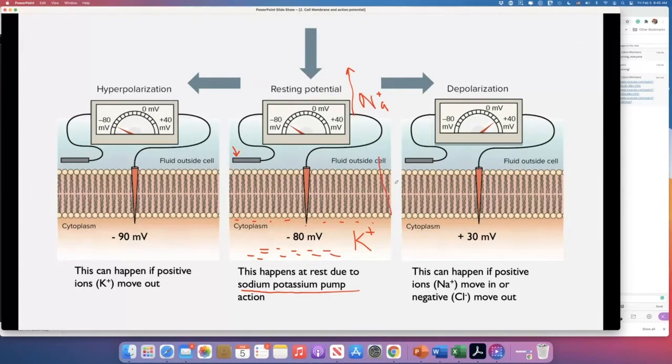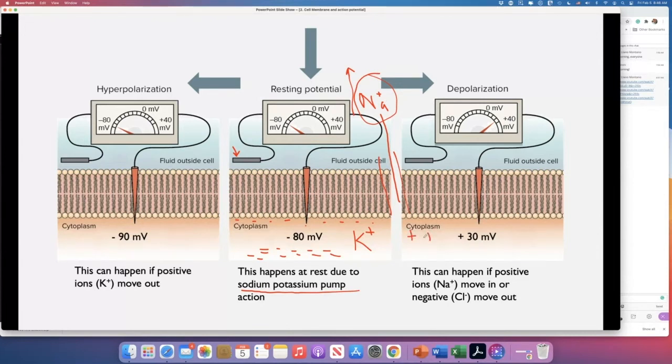If you open a sodium channel, sodium will move in because there are two forces driving it inside the cell. Sodium is positive and there are negative charges inside the cell. So there is an electrical gradient. And also sodium has a lot more concentration outside than inside. So there is a chemical gradient, a difference in concentration. So this electrochemical gradient will drive sodium inside.